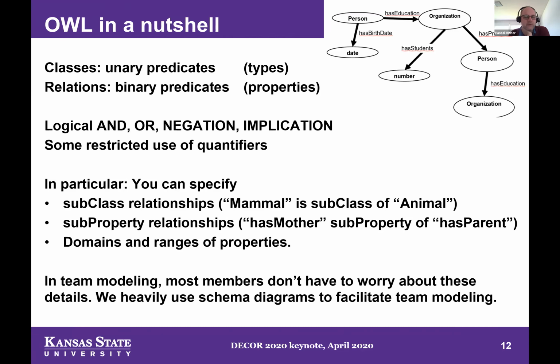And when we do that, then it's usually a team effort, with domain experts. And our whole process is also made such that we don't have to make the domain experts also experts on ontology modeling or on logic or something like this. We actually mostly use schema diagrams to facilitate team modeling, and you'll see a little bit of that later when I go into concrete examples.